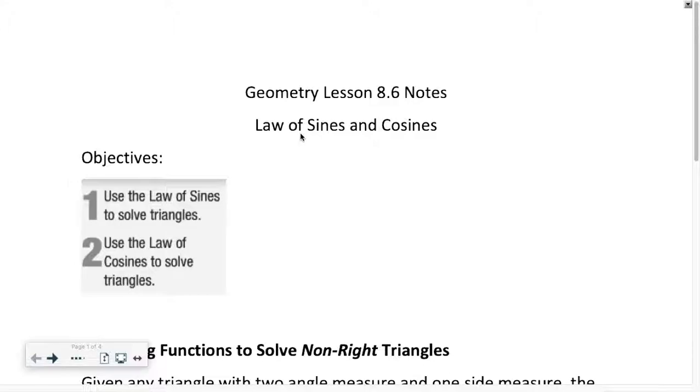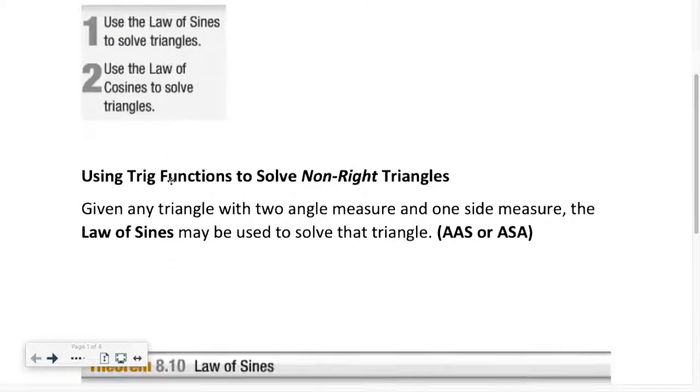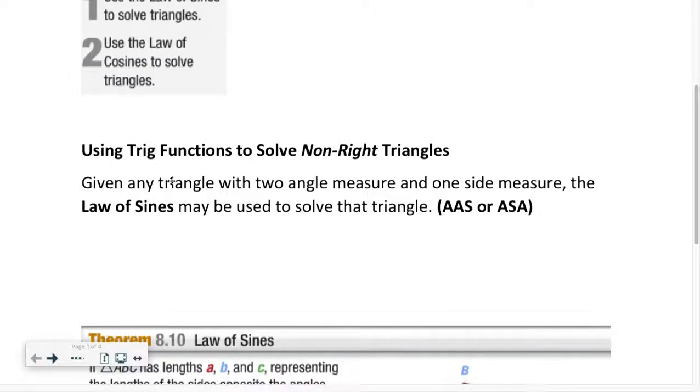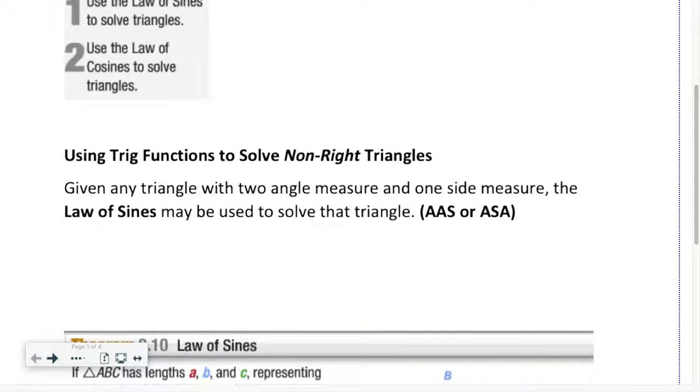So law of sines and cosines are the objectives. Use the law of sines to solve triangles and use the law of cosines to solve triangles. Using trig functions to solve non-right triangles. To this point, the trig that we've done, we've used right triangles. Well, now we can use trig functions to solve non-right triangles.